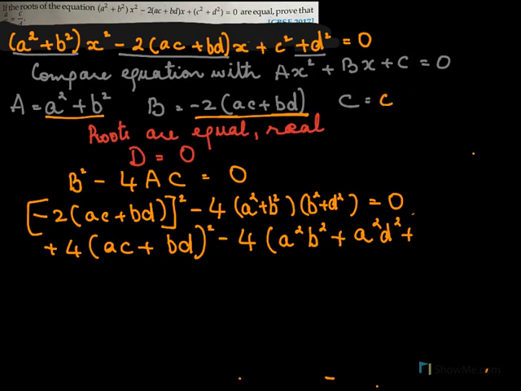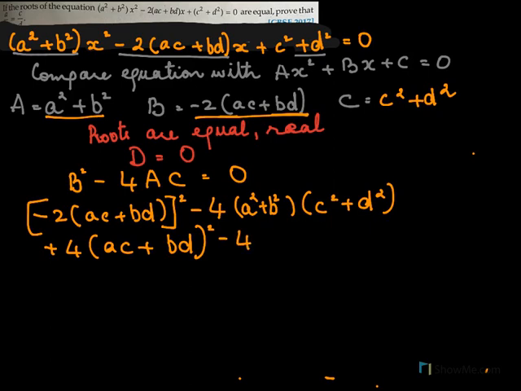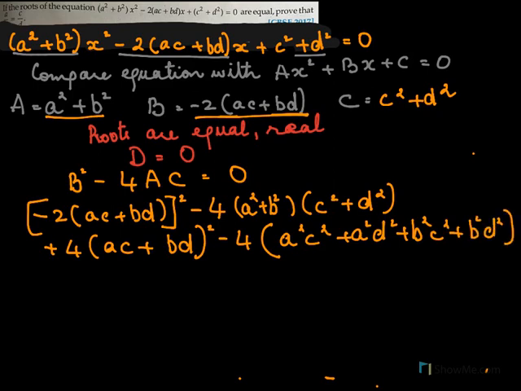Again your c will be c square plus d square. Now when you open your bracket, minus 4 here will be a square c square plus a square d square, b square c square plus b square d square.